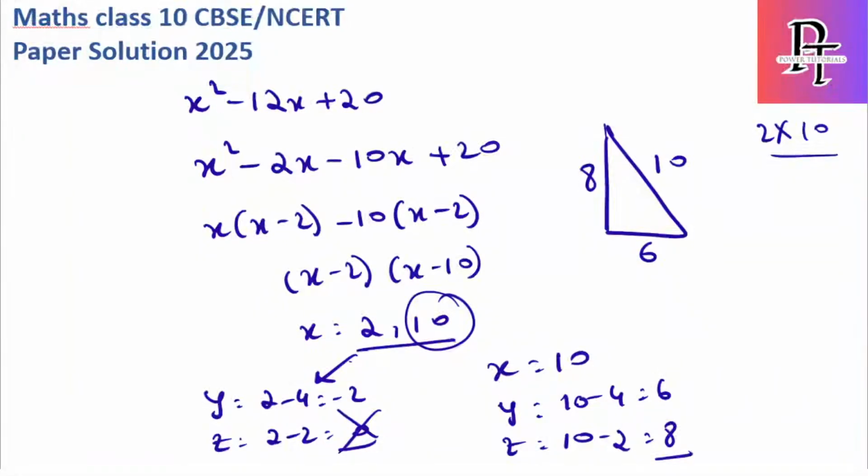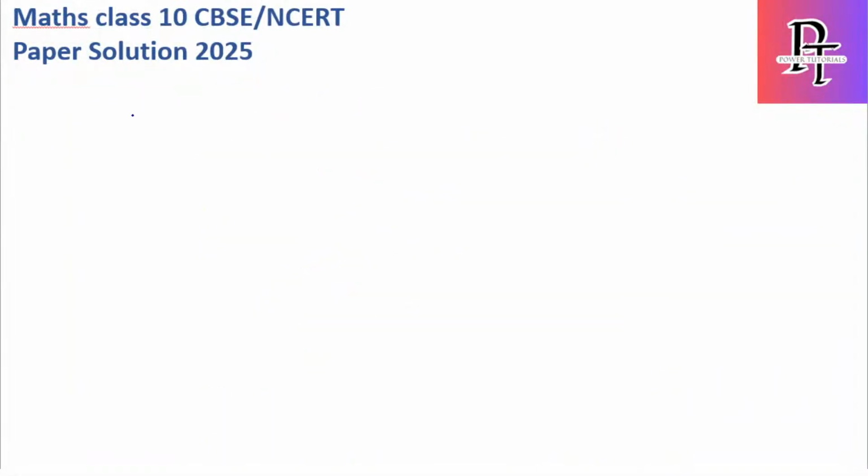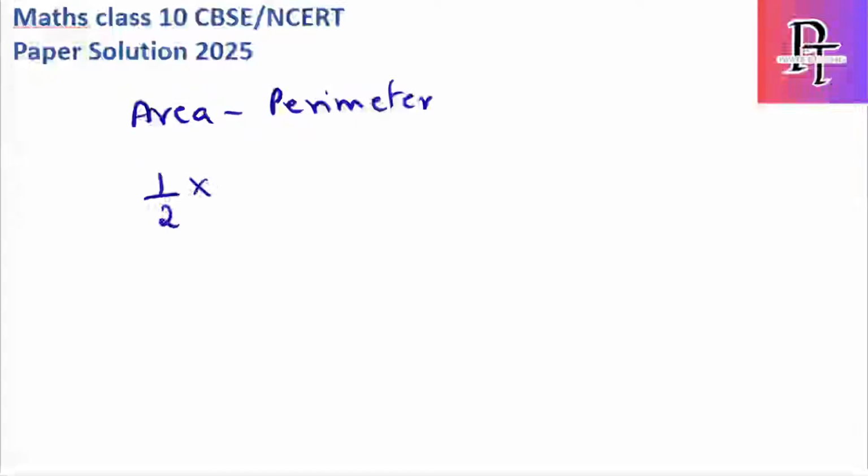Area of a right triangle is half into base into height. Height we got as 8, base is the adjacent side, which is 6, minus perimeter, the sum of length of all the sides, 6, 8 and 10.